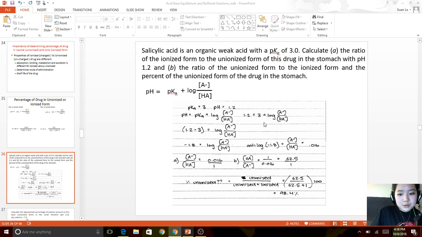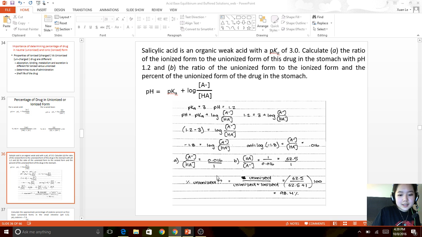So if you subtract 3 from both sides, we're going to get that negative 1.8 is equal to the log of the ionized over the unionized, and then we're going to do the anti-log of both sides, and getting the anti-log of negative 1.8, we're going to get 0.016, and that is going to be the ratio of the ionized over the unionized. And then to flip it, we're just going to get the unionized over the ionized, which is just 62.5 over 1.